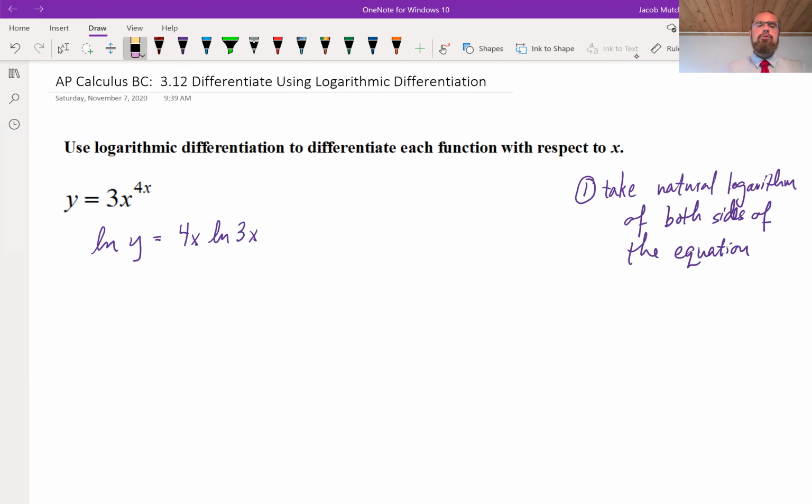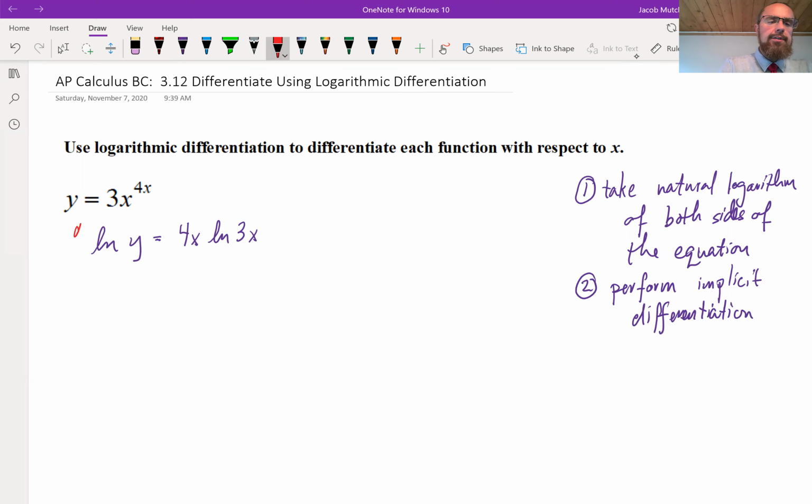Once we take the natural logarithm of both sides, our second step is to perform implicit differentiation on the function. So we'll apply the differentiation on both sides.